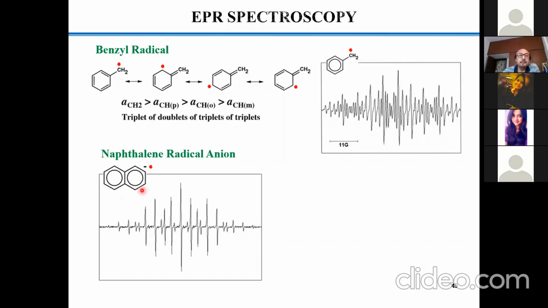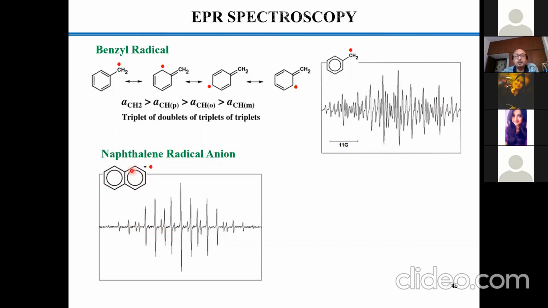Now, if you consider this particular ring and this particular ring separately, here you have 1, 2, 3. 3 means 4 lines, right? And here you have 4, which means 5. So 5 into 4, around 20. Possibly it gives the explanation of the 20 lines, around 20, 22, whatever it is.